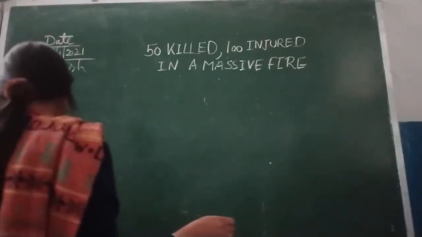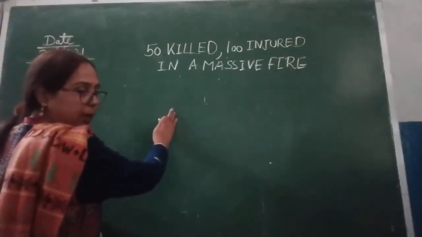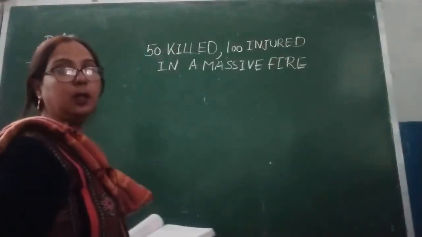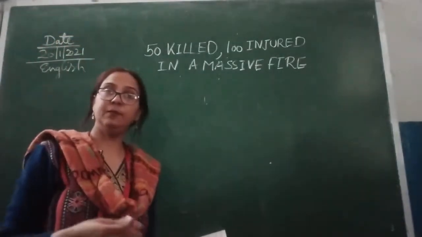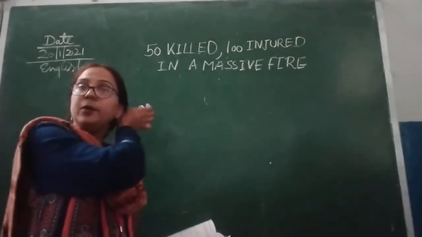Okay, now you have to write over here, you should mention your name because you are a reporter. The name is already given in the question, Rohan or Rohini, that you are going to write.